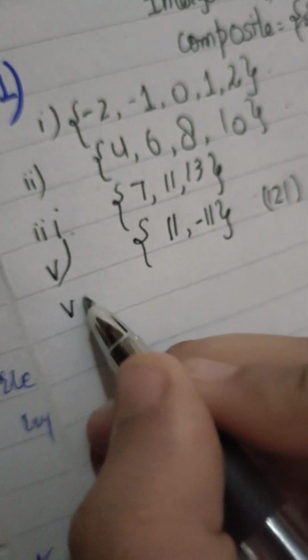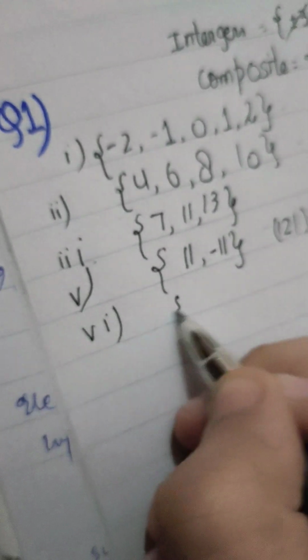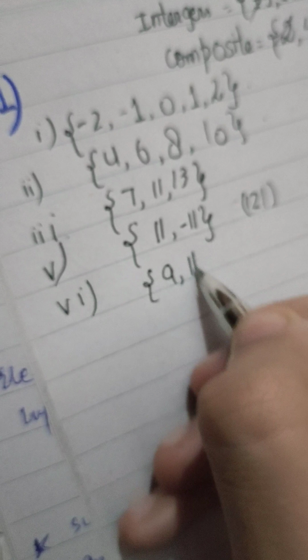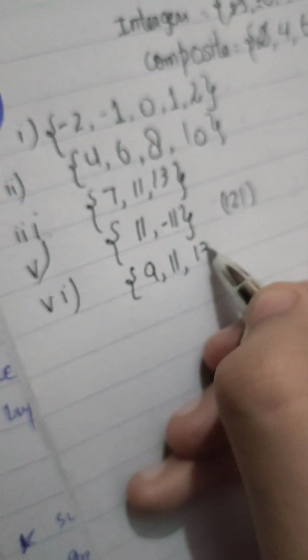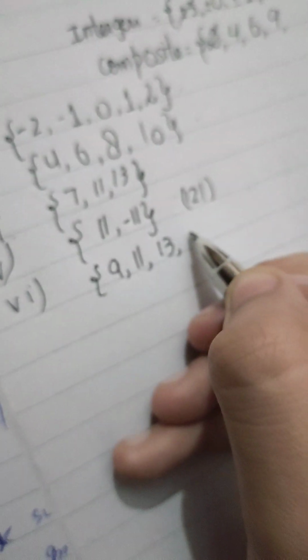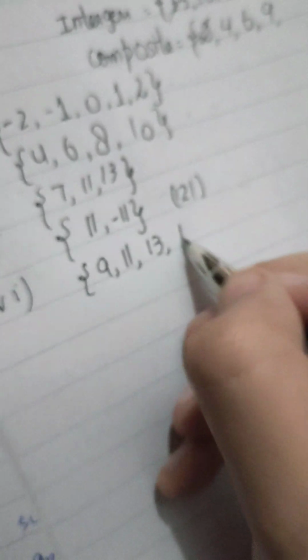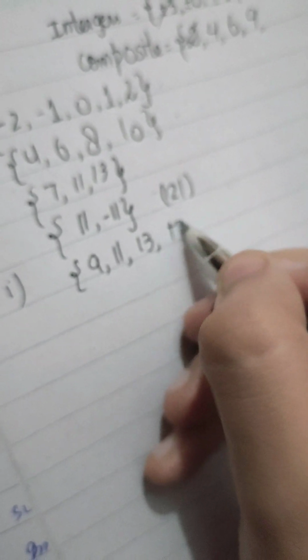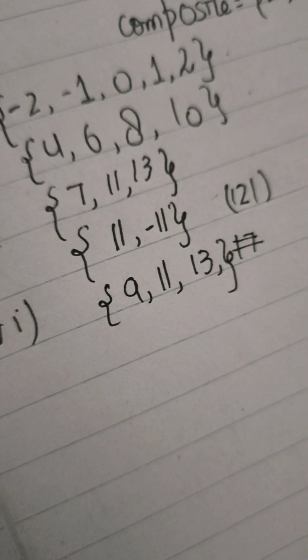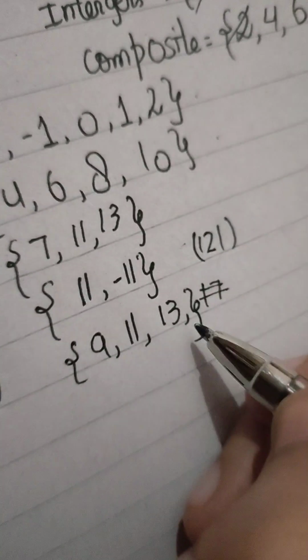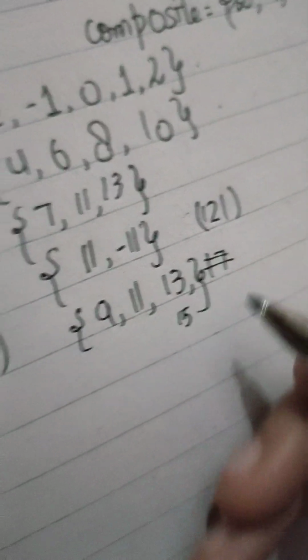So what are they? 9, 11, 13, and 15. We do not have to write 17 over here. Oh yes, 15 is also included.